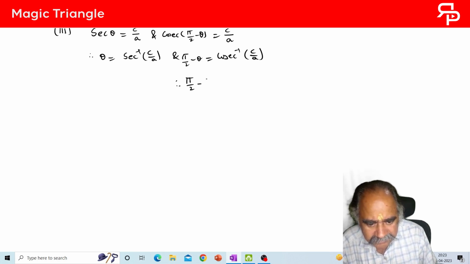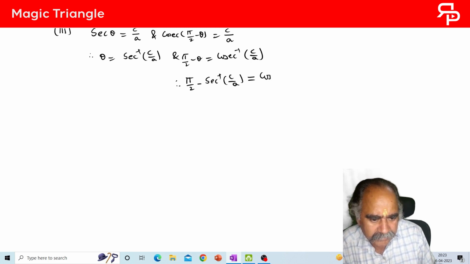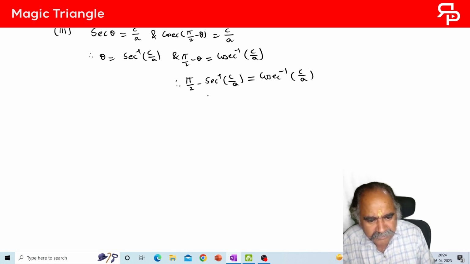So now I can replace theta. This pi by 2 keep as it is, theta is replaced by sec inverse C by A, and the right side is cosec inverse C by A. Now you can transfer sec inverse C by A to that side.